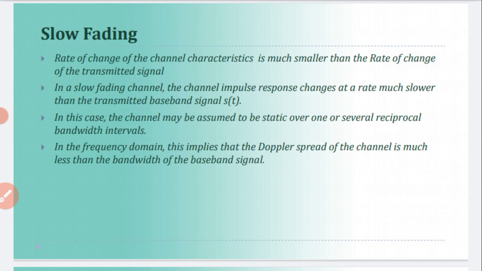In this case, the channel may be assumed to be static over one or several reciprocal bandwidths. This is based on the coherence time. If the coherence time is greater than the symbol period, we can say it is slow fading.